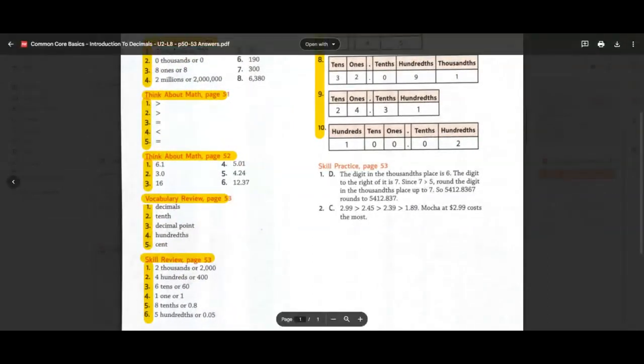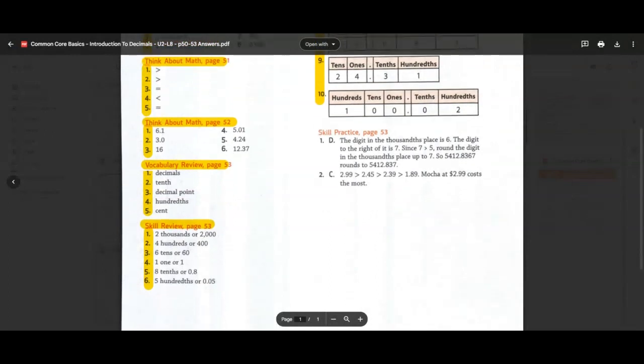And so you did not do this top part. Here's where you started, where you put in the greater than, less than.